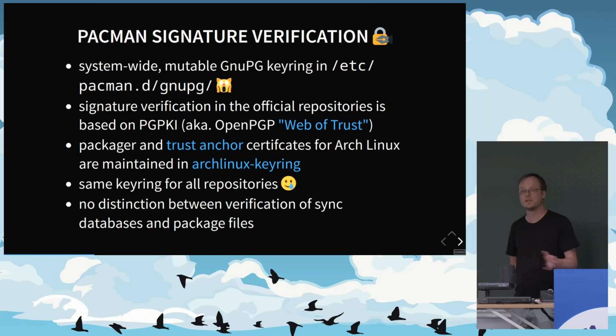So there's no distinction between the two or the three, basically. And yeah, that is sadly a downside, because you cannot separately populate several keyrings and say, oh, I only want these keys to be valid for the metadata, and I only want those keys to be valid for the packages that I get.